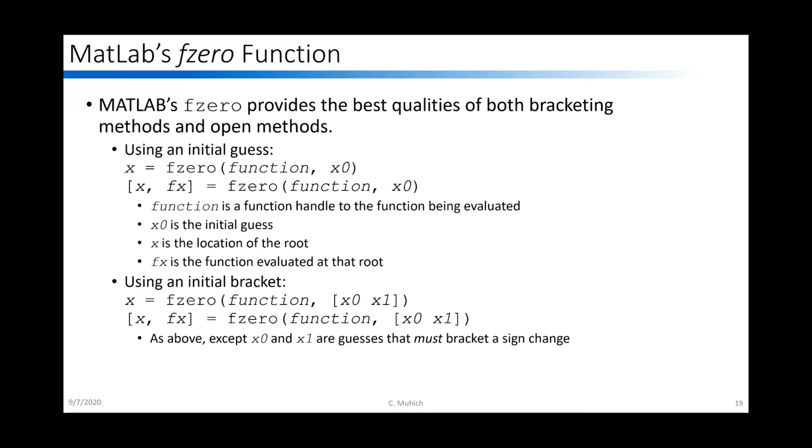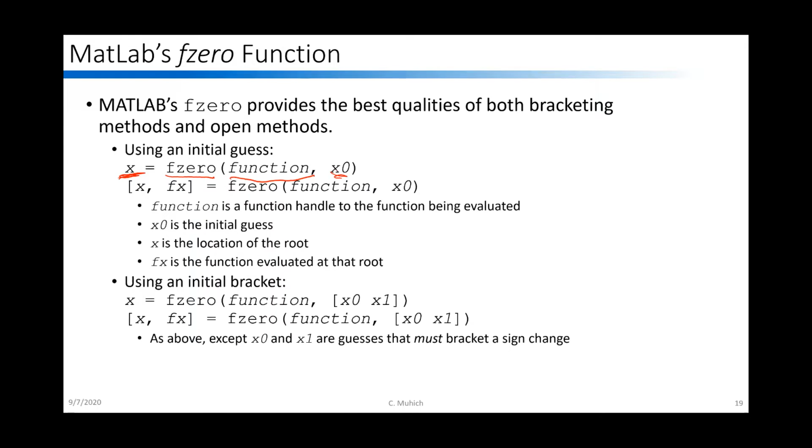So it has the formula where we set the desired root out here: x equals fzero, our normal function call. We then pass in our function, I'm using an anonymous function, into fzero, and we give it our starting guess.